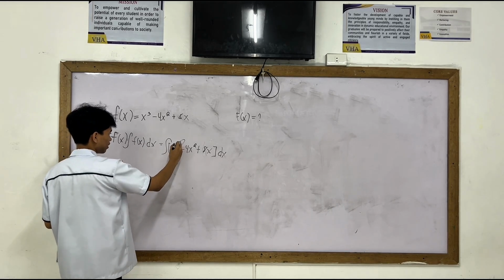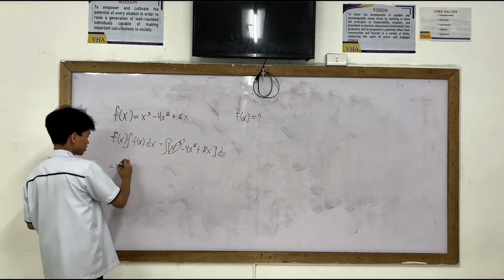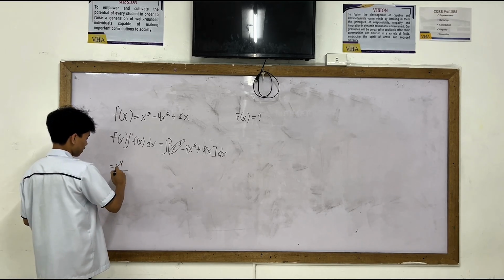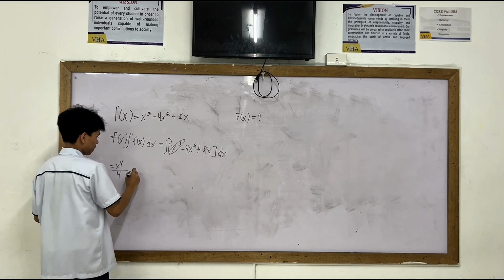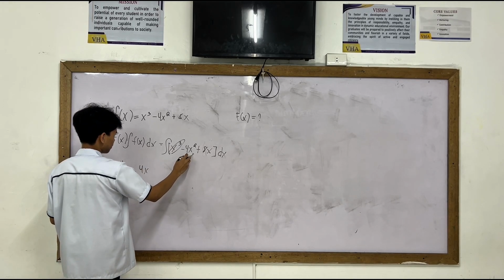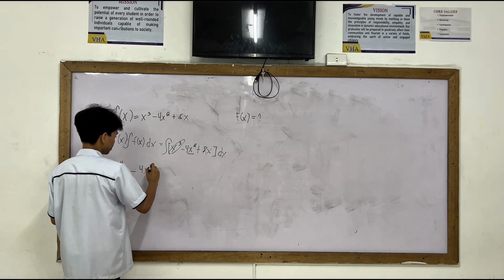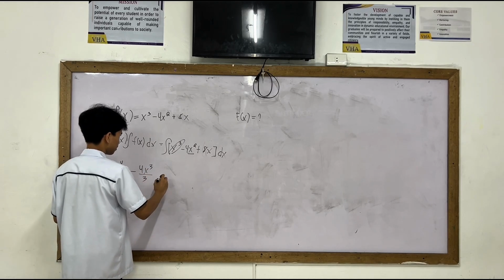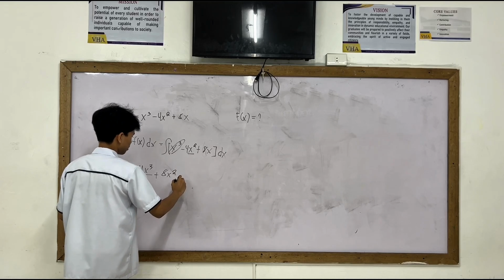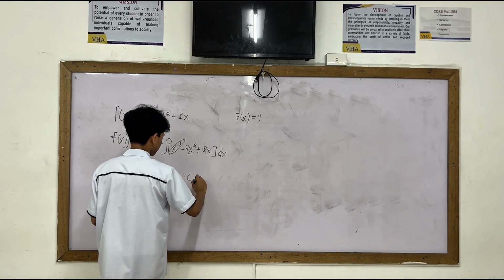Find the antiderivative of x raised to 3, which is x raised to the 4 over 4, and the antiderivative of x squared. And add a constant.